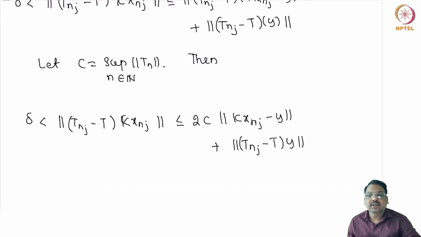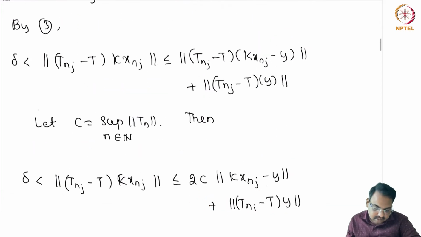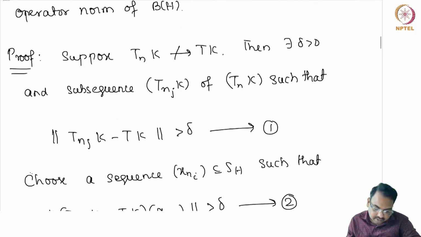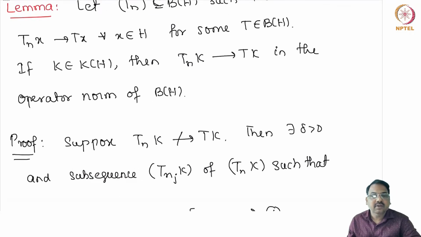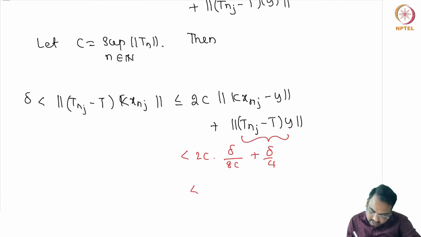Now K xnj converges to y, so you can make the first term less than delta by 8C, so this is 2C into delta by 8C. The second term we can make less than delta by 4, because Tnx converges to Tx for every x in H. So from this we can say that Tnj y converges to Ty. So on the whole, this can be made less than delta by 2, which is a contradiction.